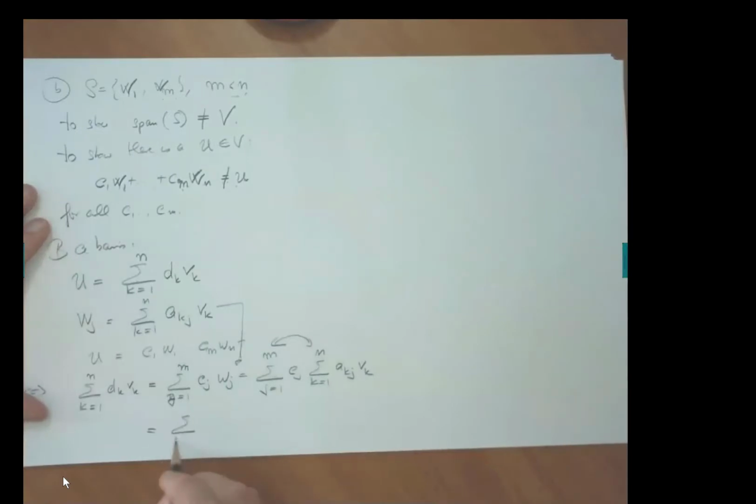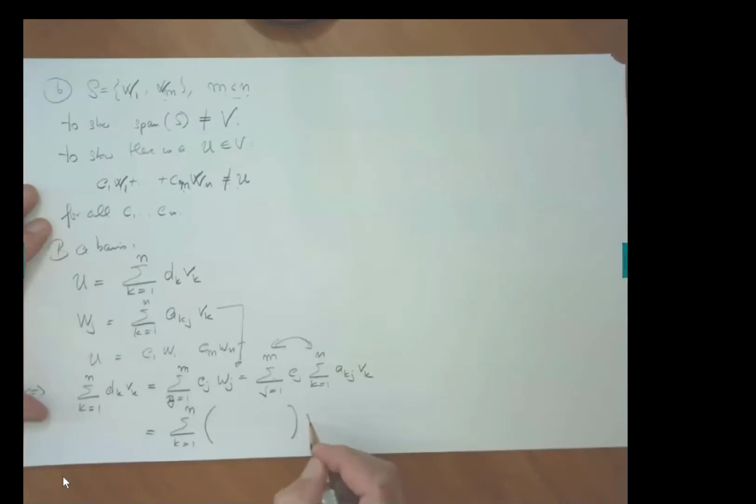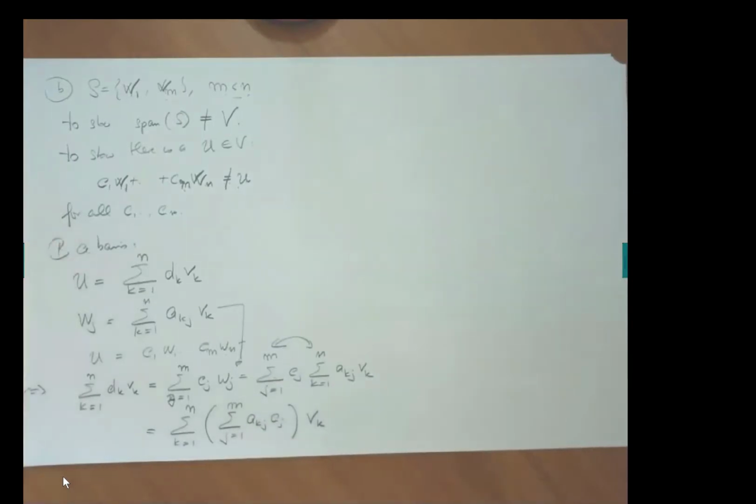So we have k goes from 1 to n. Now we make big parentheses. We have taken out the basis vectors, and inside is all the rest, which is sum j goes from 1 to m akj cj.